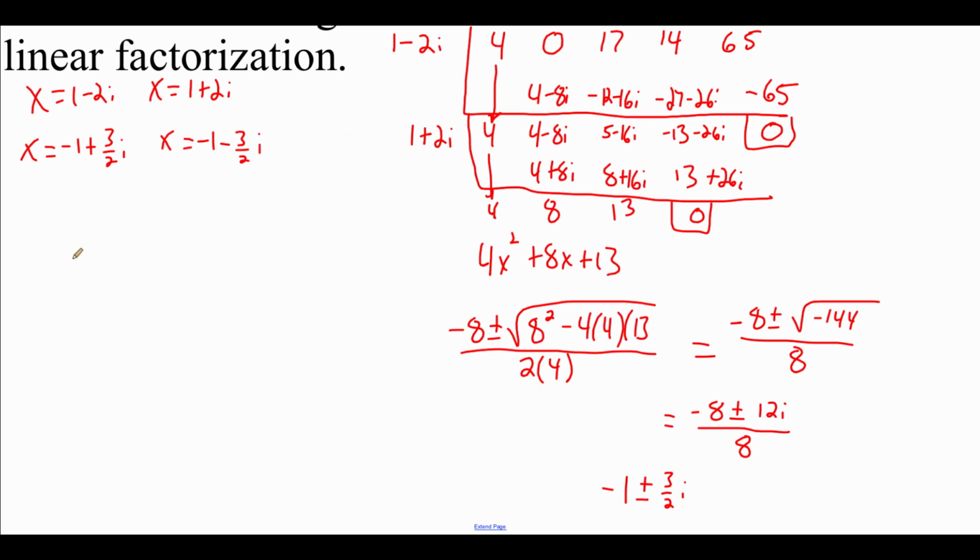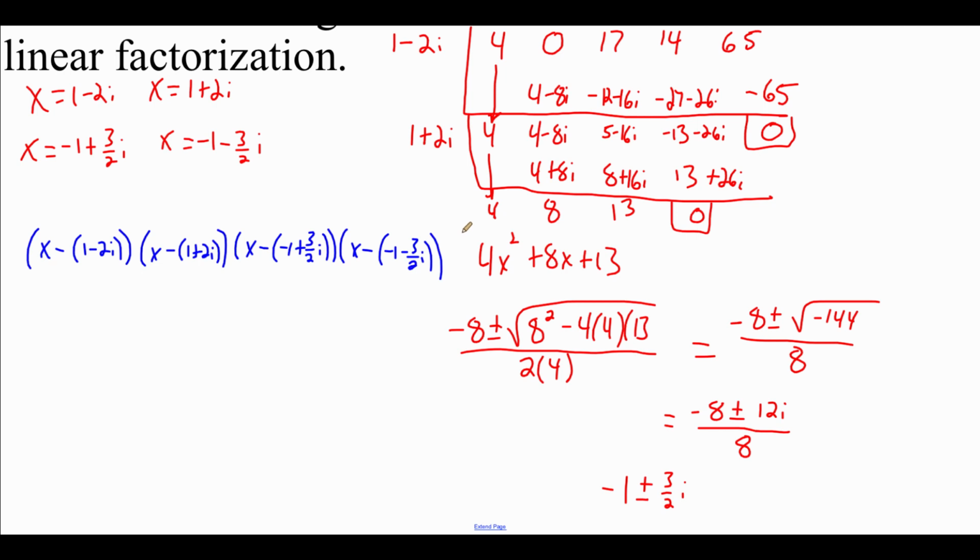Now if I want to think about writing out the factors for all of these zeros, if I look at that first one, x equals 1 minus 2i, that would be x minus the 1 minus 2i. And I'm going to write out all of my imaginary zeros that way. But there is one more thing that I need to put in here.